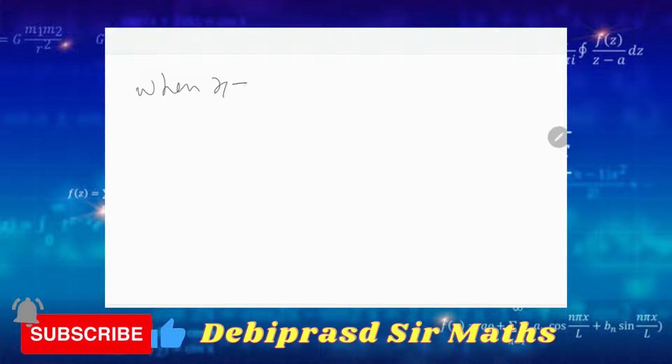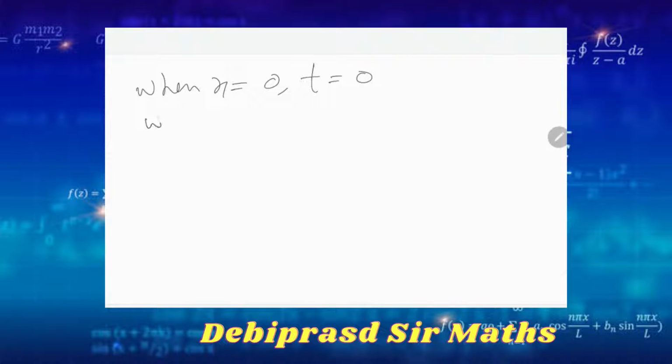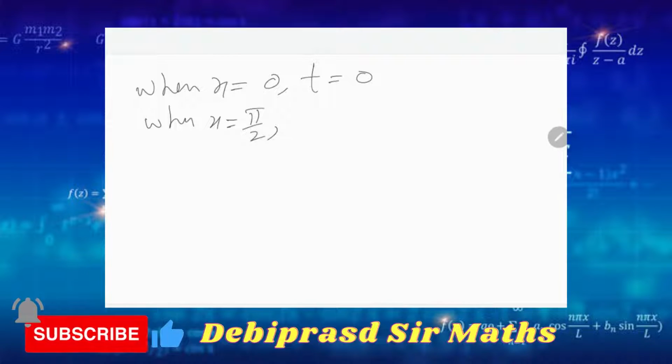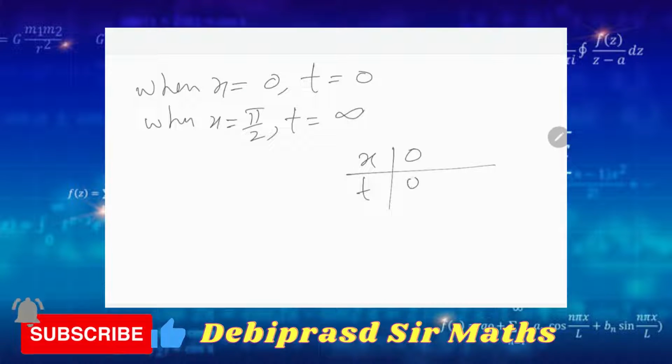Now when x is equal to 0, t will be equal to 0. When x is equal to pi by 2, t will be infinity. If you want, you can write it in a tabular form: 0, 0, pi by 2, infinity.